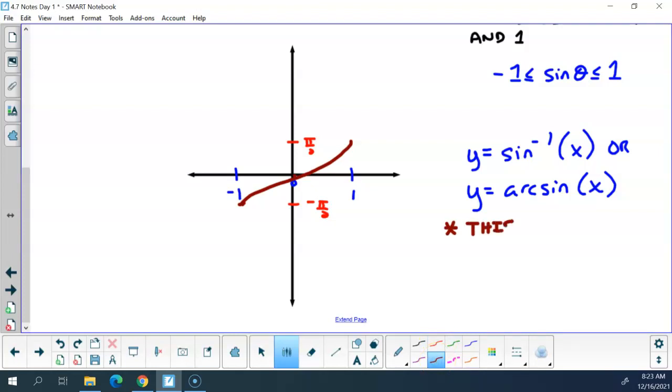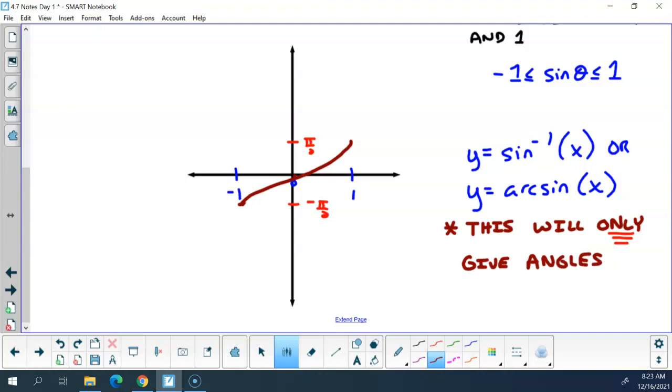This will only, and we're going to underline only, give angles, because that's our output, right? In an inverse function, the output is angles.